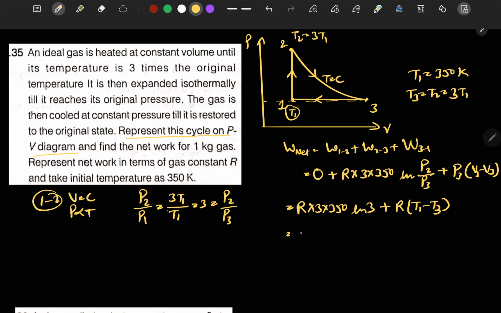So we will get the answer equal to 453.54. Okay, the unit is kilojoule. So this is our answer.